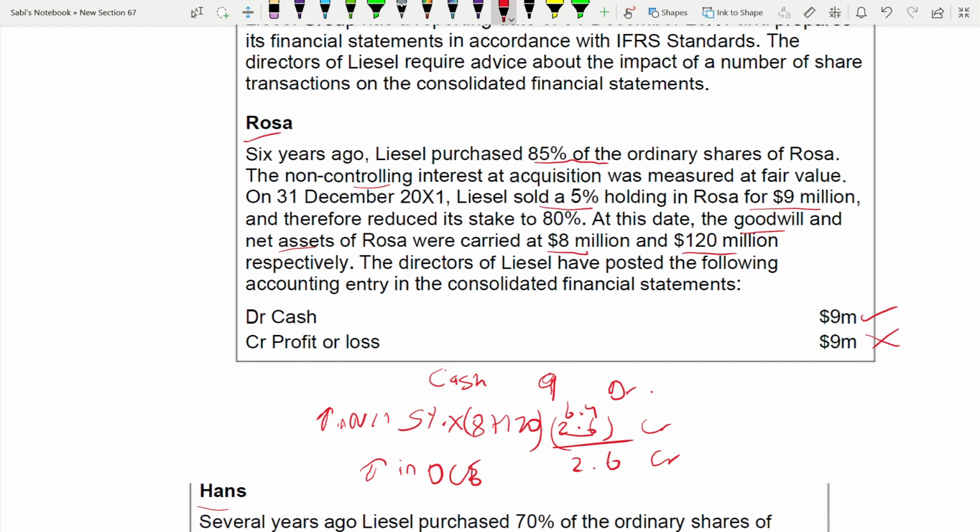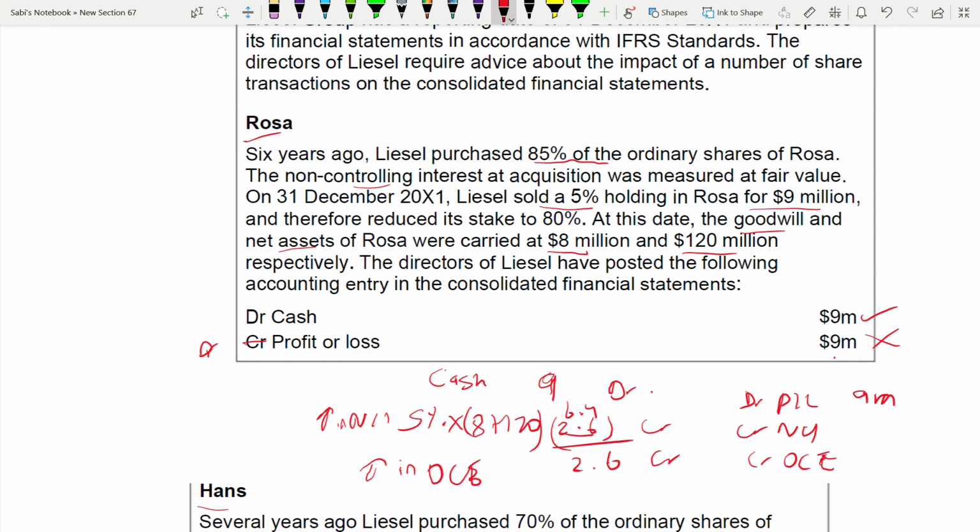You see? So what's happening? Now correct the entry. Earlier it was credit, now it will be debit. So you debit P&L 9 million, and whereas do you debit? Now it's credit NCI and credit other components of equity. How much?